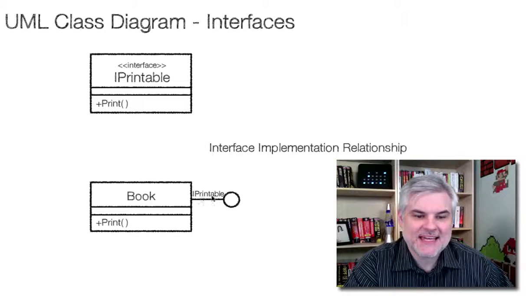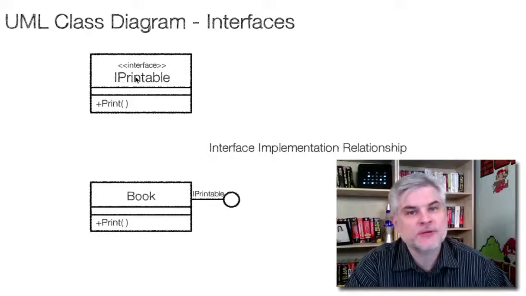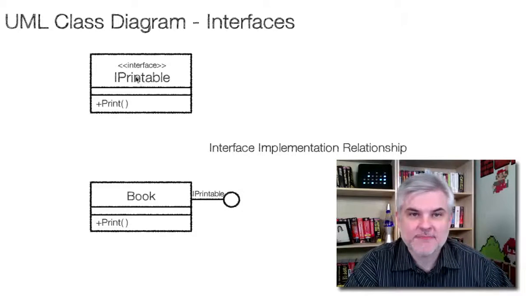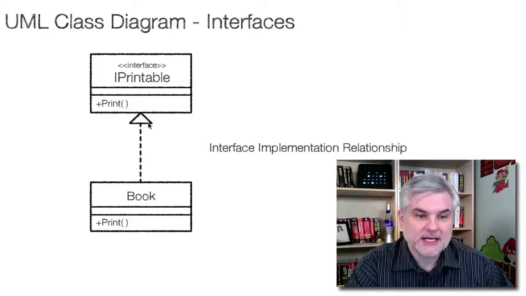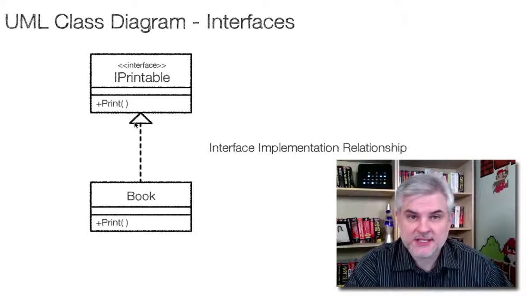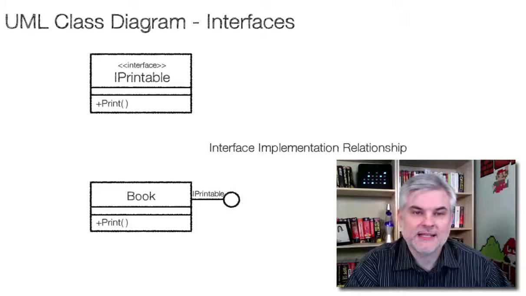That means it is implementing an interface called IPrintable, which corresponds with the definition of IPrintable in the class shape at the top. So just to recap, that's one way to represent implementation of an interface, through a dashed line, similar to how we would implement inheritance in one of our classes, and also through the little lollipop shape.